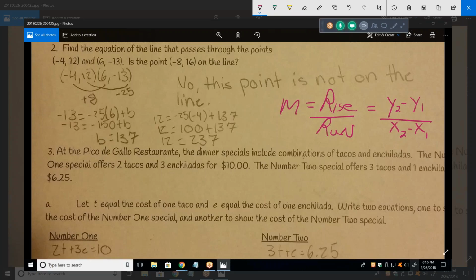It actually is correct. If I want to switch the order, I can do it, but I got to do it in the numerator and the denominator. I can't do it to just one. Okay, see the difference? Same slope. Now, sometimes the arithmetic is a little easier if I do it this way.